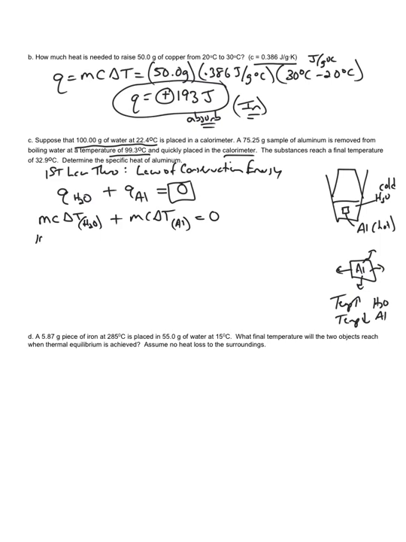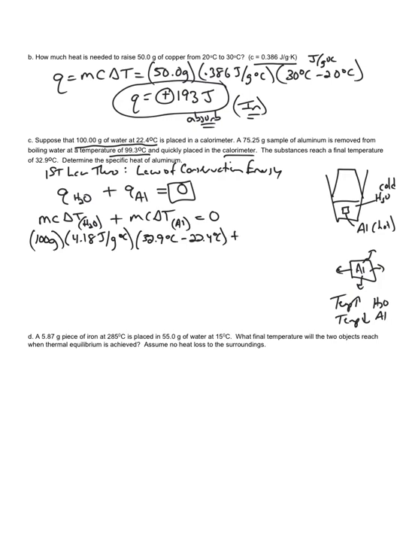All right, so we have 100 grams of water that has a specific heat, from the previous page, of 4.18 joules per gram Celsius. The final temperature of the water reaches 32.9 degrees Celsius minus the initial temperature of 22.4 degrees Celsius.